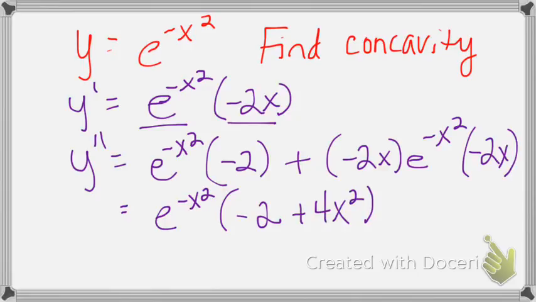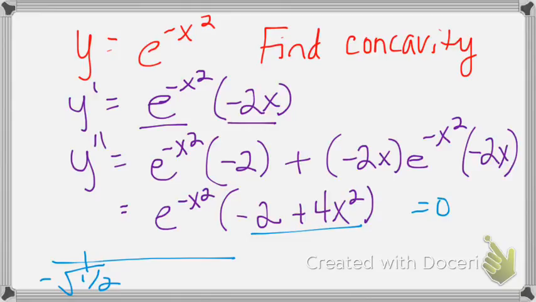Set each part equal to 0. So when I set this equal to 0, I'm going to add 2, divide by 4, and I know I'm doing this sort of without writing it all down, but you're going to get plus or minus square root of a half.